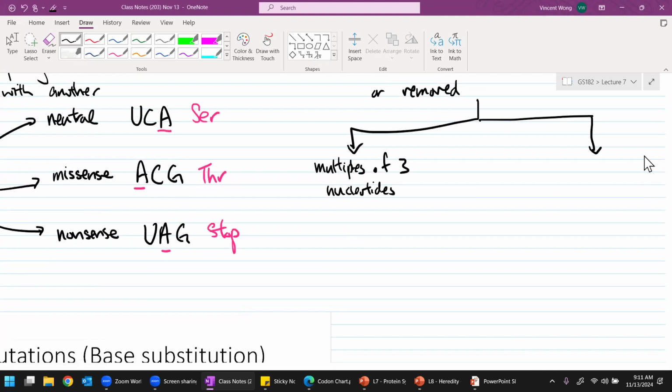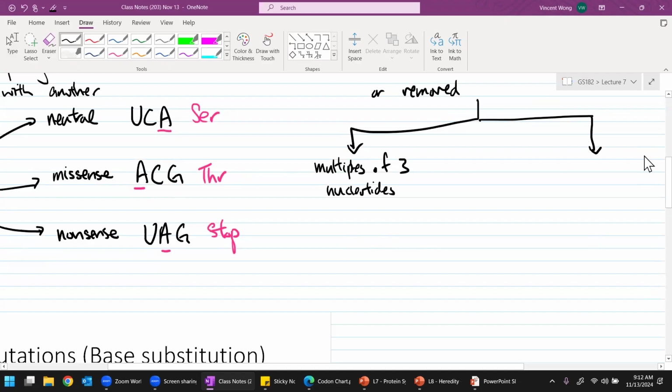If you insert 3 nucleotides, like if we insert U into the sequence, what's going to happen to your protein?